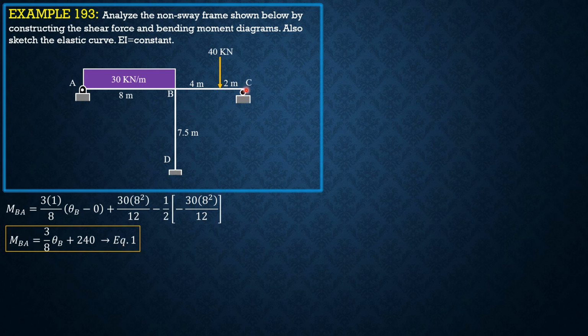Then we have MBC. The far end is a roller, so we use the same formula, but they only vary in the fixed moment.